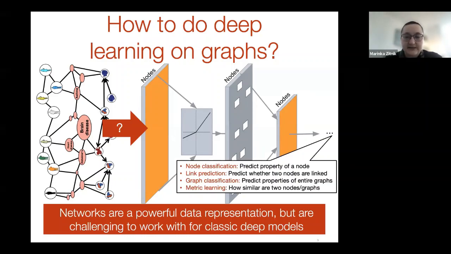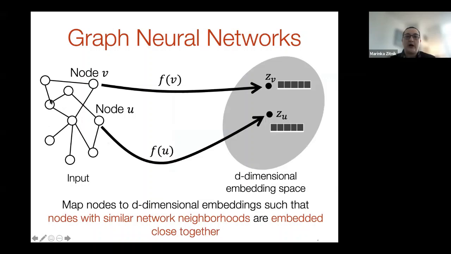That has given rise to a class of algorithms that has become a predominant paradigm for machine learning on graph-structured or relational data sets, called graph neural networks. In large part of today's talk, I will highlight some algorithms that belong to this class that we have developed over the years, as well as mention applications of those algorithms.